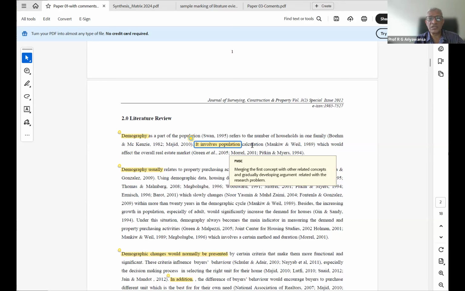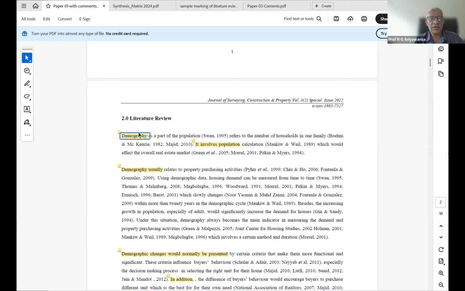It involves population calculation, which would affect the overall real estate market. So various population calculations, maybe count, maybe family sizes, maybe different population-related calculations, probably would affect the overall real estate markets.